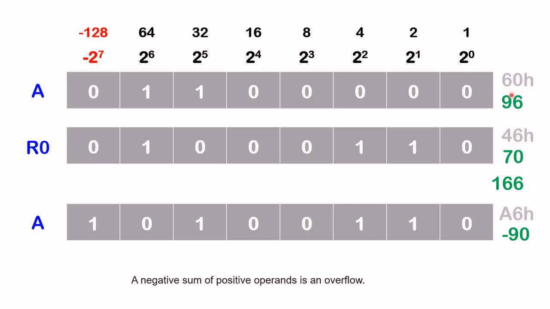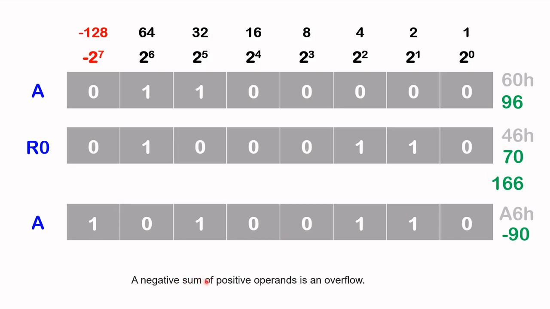Now, if you look at the decimal values, 96 plus 70, we should be getting 166. But because in a signed binary system, that turns out to be minus 90, and that shouldn't be, because the answer should be 166.